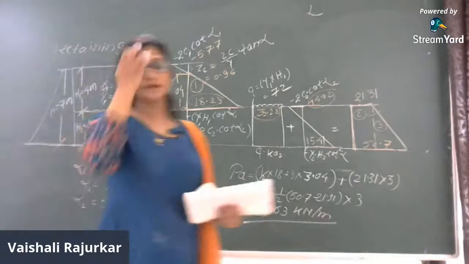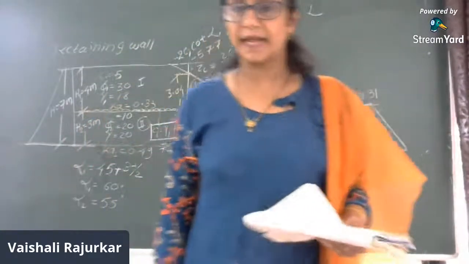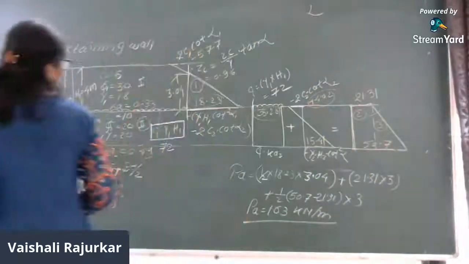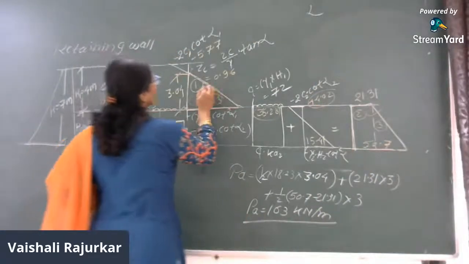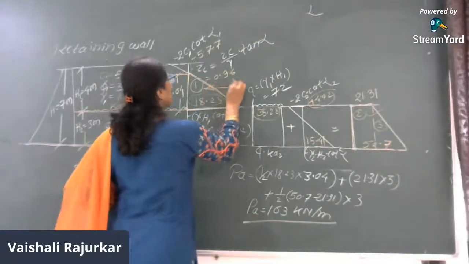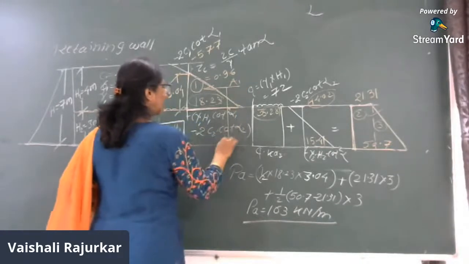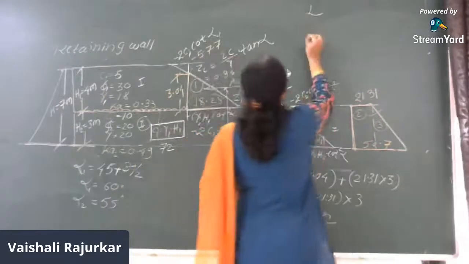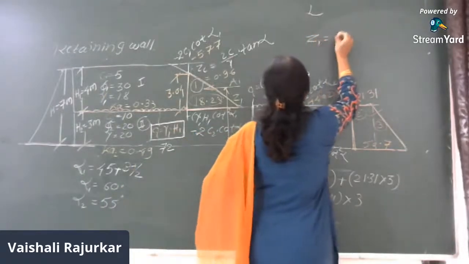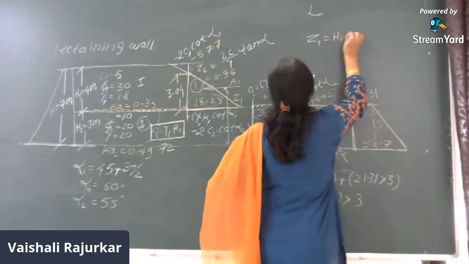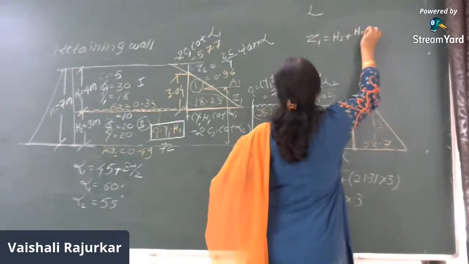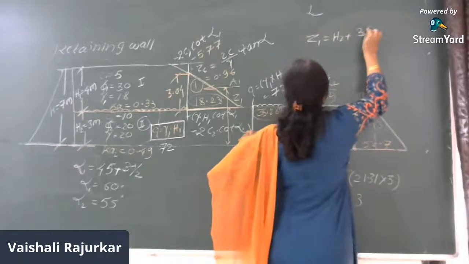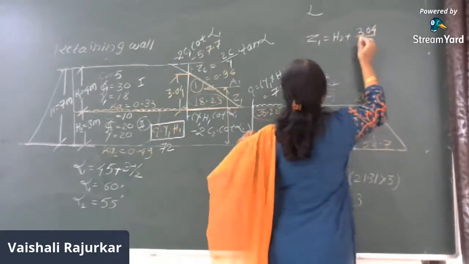Now where this combined PA will act is at a distance. Again we will consider this distance is A1, here it will be Z1. So how do we get the value of Z1? Z1 is H2 plus H1 by 3, it will be 3.04 by 3.